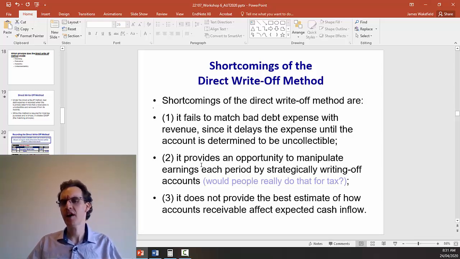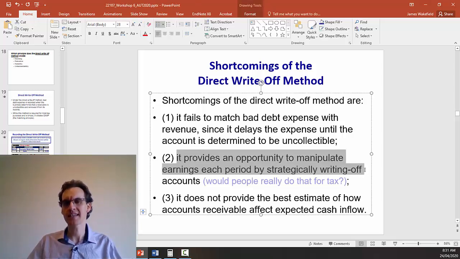So this gives businesses the ability to opportunistically write off amounts owing in one period, get everything that may not be paid out of the way, so the performance might look better in a following period. And of course, that is manipulating the perception of the financial performance of the business, which is another reason why the direct write-off method is not permitted for amounts that are material.